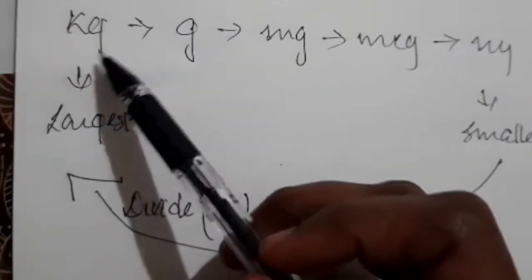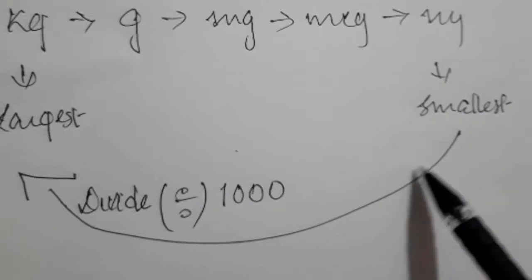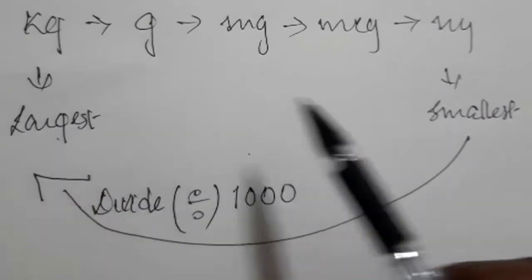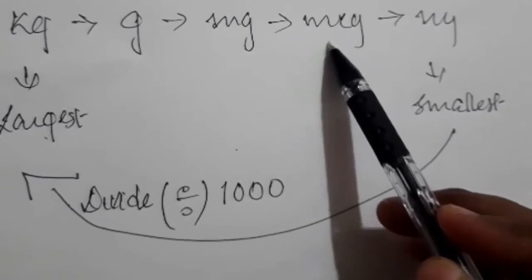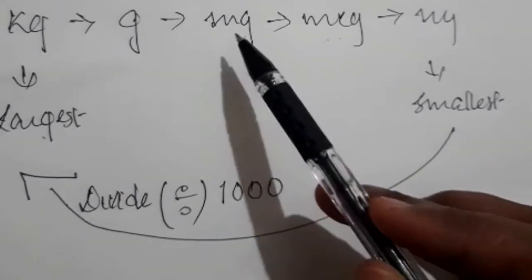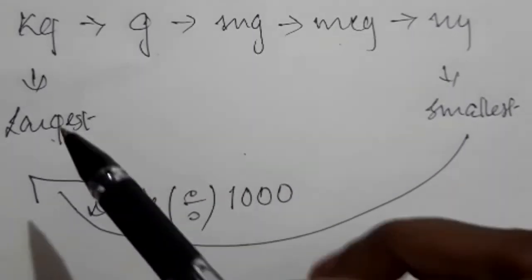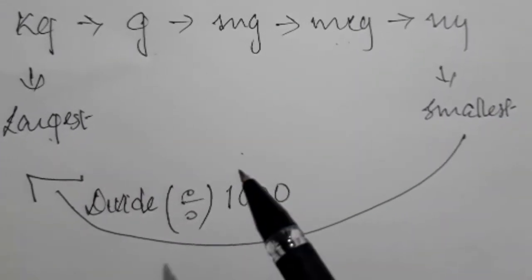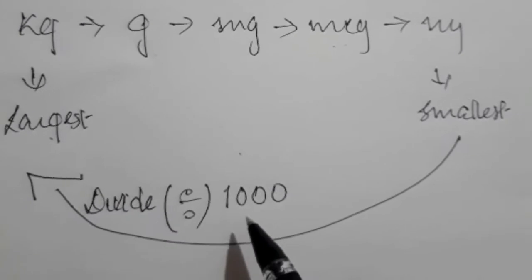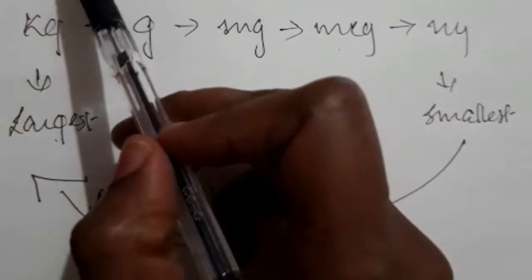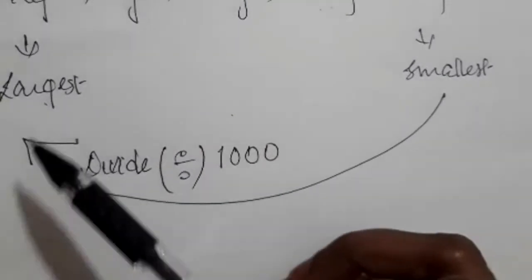If we want to convert from smallest to largest unit, that is from nanogram to microgram, microgram to milligram, milligram to gram, in the opposite direction, we have to divide by 1000. It is from largest to smallest, multiply by 1000, and from smallest to largest, divide by 1000.